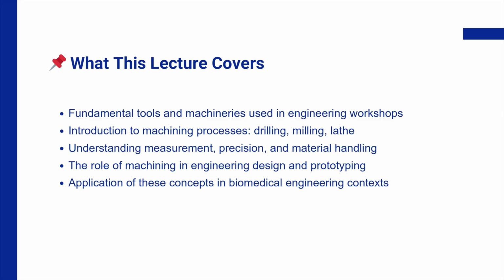We will also cover basic workshop safety, because before using any tools, safety is always the first concern. After that, we will go through different types of engineering tools and introduce machining processes such as turning, milling, and also drilling. Finally, we will look at basic machining concepts and machine tools that are commonly used in the workshop.